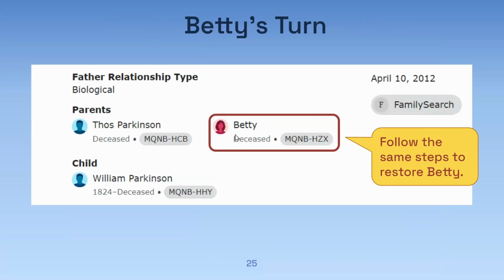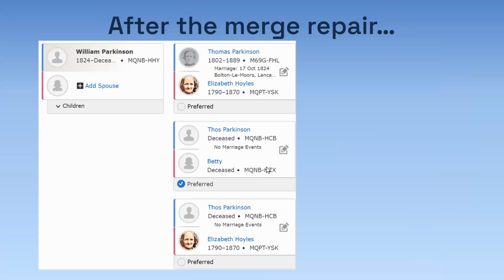Then we have to do the same thing with Betty. We're not going to walk through the steps for her because they're identical. But look what happened after the merge repair. This is why repairing relationships has to be the second step, after the merges are fixed. So here's cute William.